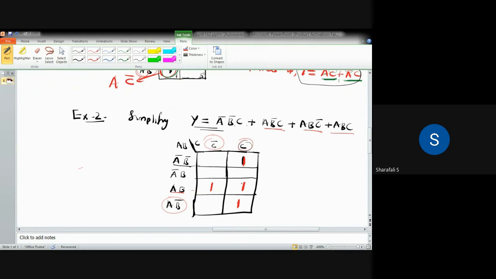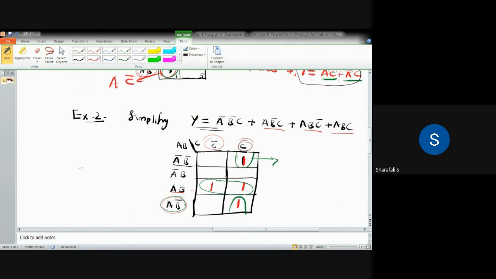So how can we group? You can take the maximum value. 8 is not possible. 4 is not possible. 2 is possible. Which are they? These two. Then so what is this one? One will be given as what is common in here.